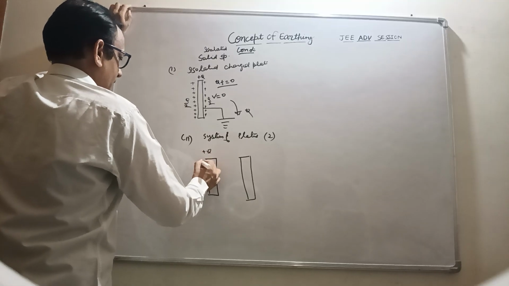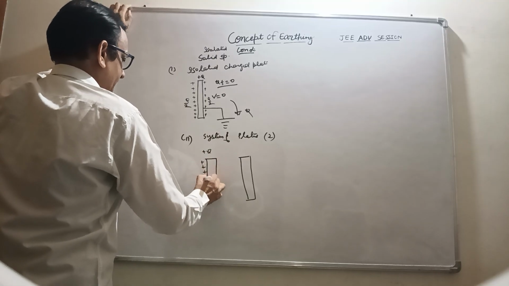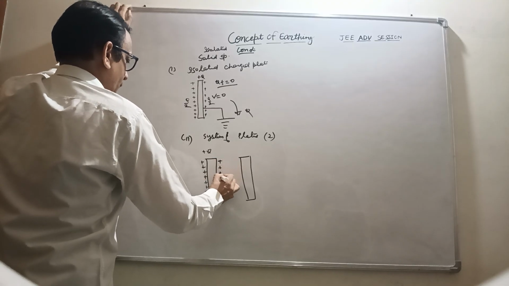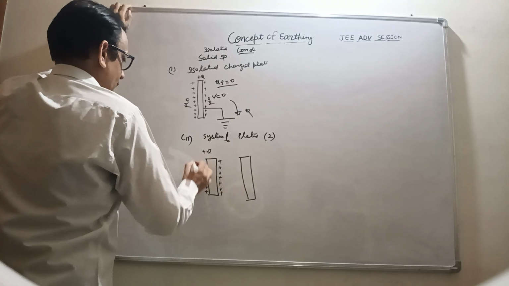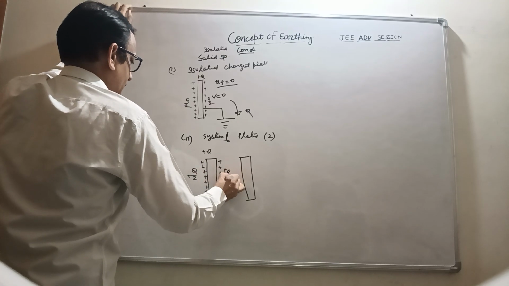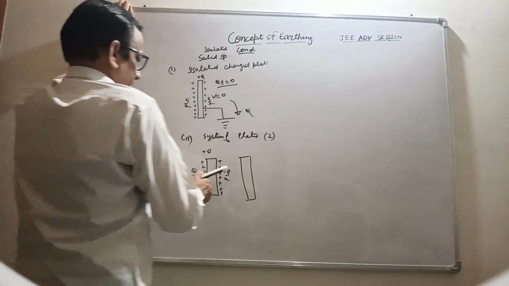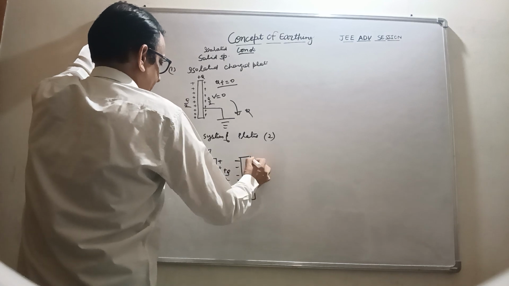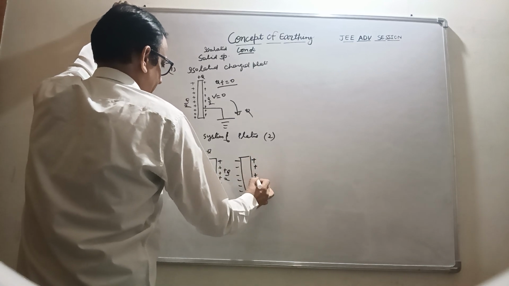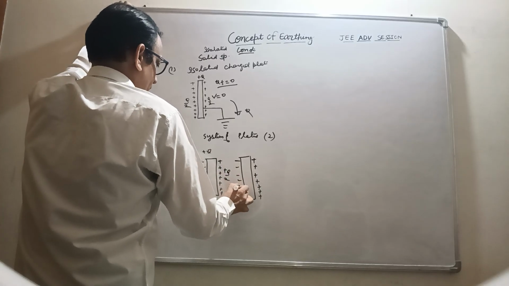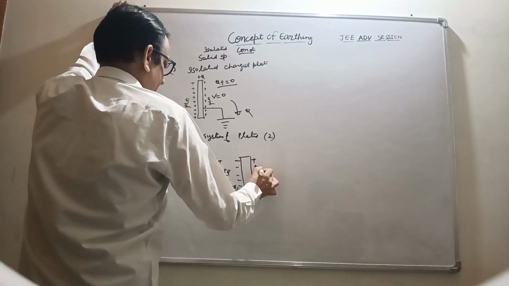We know the charge is uniformly distributed on both faces, so this will be Q/2 plus Q/2, and here negative charge is induced and here positive charge is induced. So this would be minus Q/2, this would be plus Q/2.